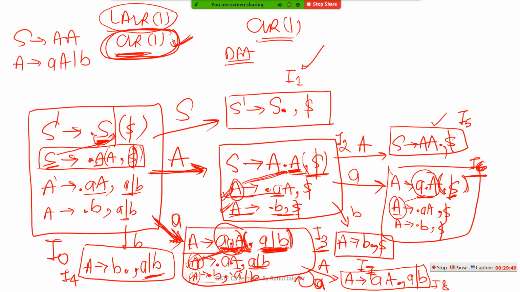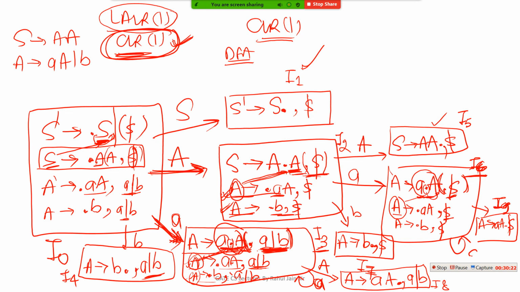So now I have 8 states. Now from I6 I can generate one more state, that is A derives AA dot with look ahead dollar. It is again reduced in the I9 state. A derives AA dot because this dot moves one position to the right hand side, and this is the look ahead dollar. And on small a, if I take a transition, it would be A dot A and dollar would be its look ahead.